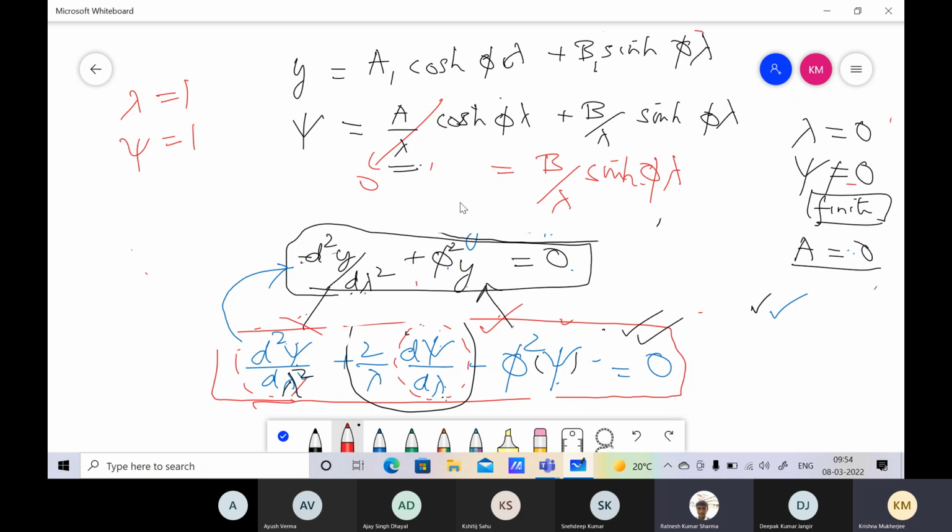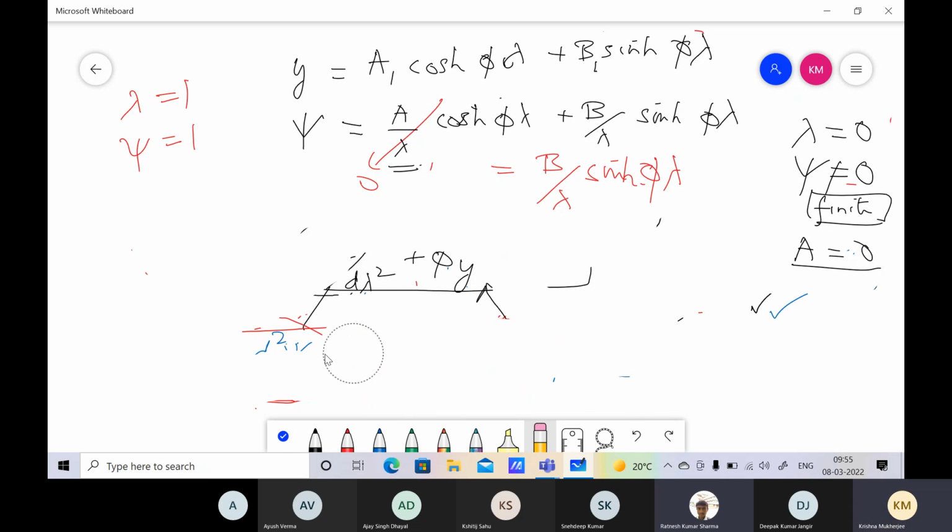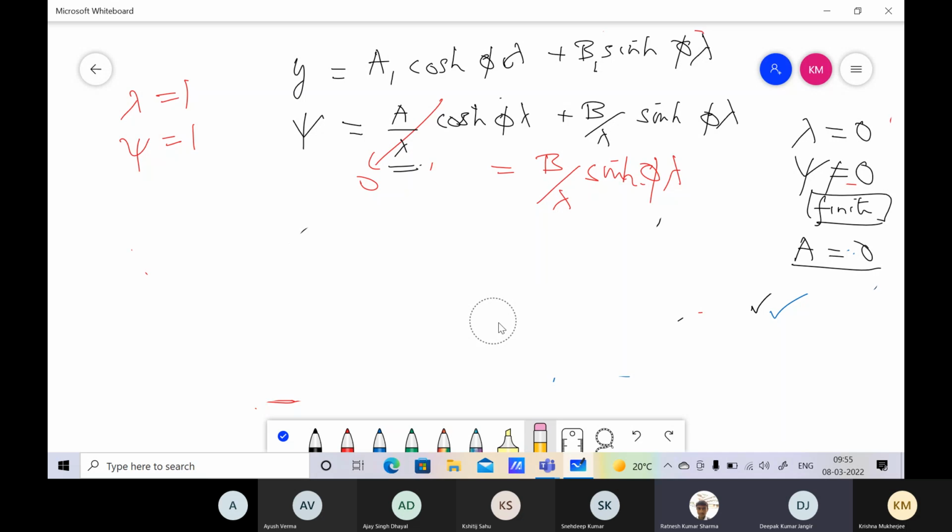Substitute the boundary condition and tell me. Come on. So what is phi equal to?